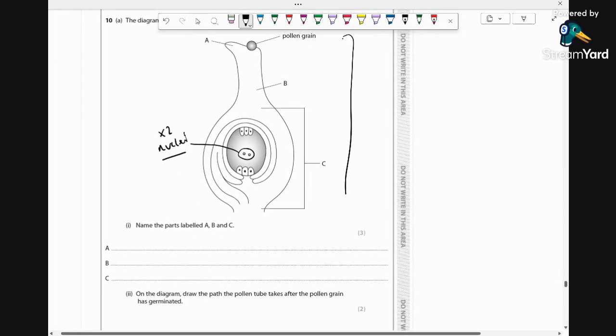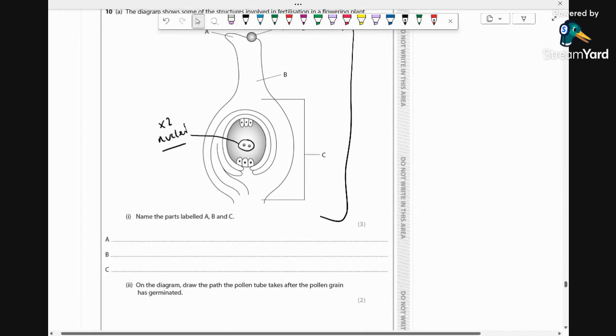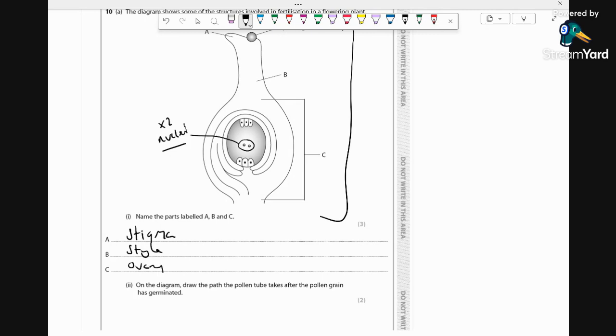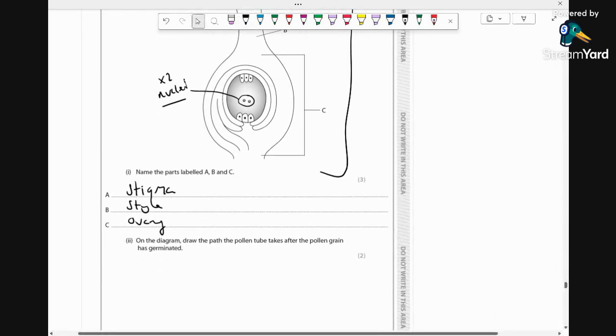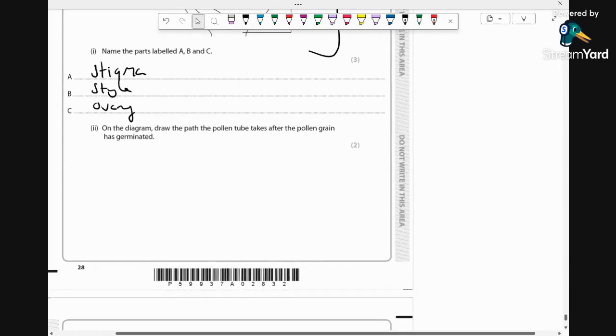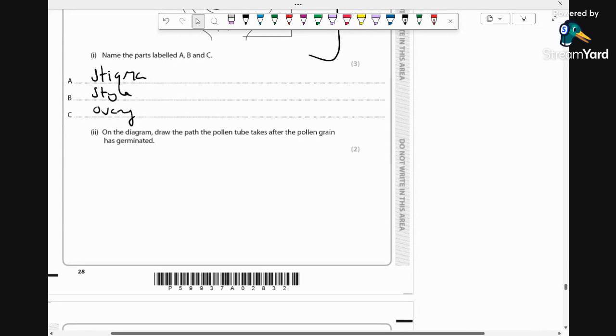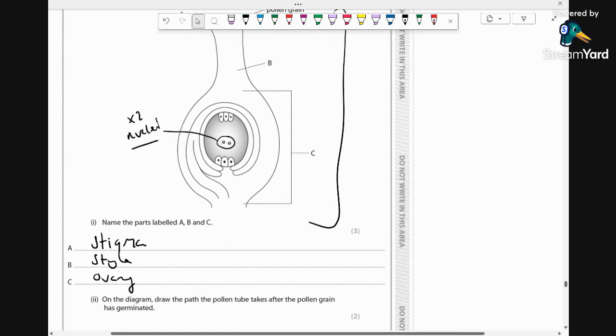Well, of course, this whole thing is the carpel. So A is the stigma, B is the style, and C is the ovary that obviously contains the oocytes. On the diagram, draw the path the pollen tube takes after the pollen grain has germinated.